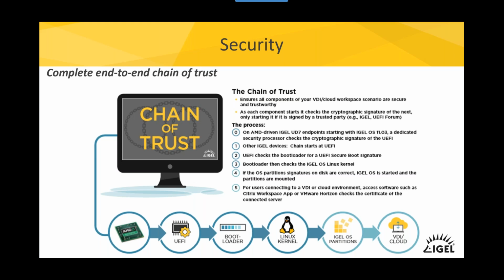So whether it's leveraging hardware for a dedicated security processor checks, or driving into other IGEL devices that the chain starts at the UEFI, you're being able to drive security directly from the Linux kernel all the way into the session to make sure that security is at the heart of what we do and how we access our virtual desktops.